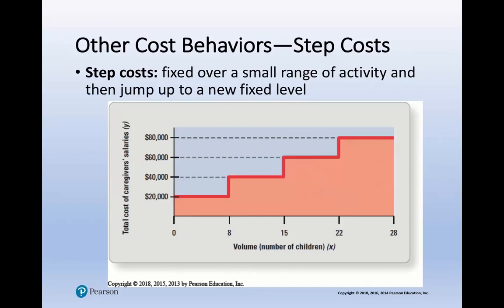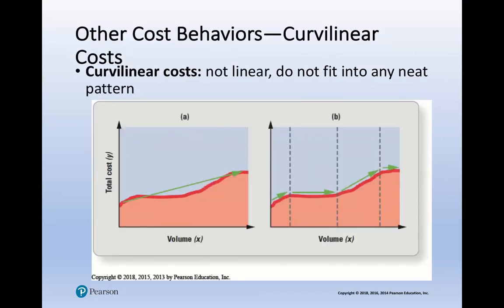Is it worth our time? Is it worth our effort? Yes or no, and we make our business decisions. But if we don't understand that going from a 14th to a 15th child, great, it's another $5,000 of revenue, but at the same time, it's an additional $20,000 of expense, that might change our decision and change the structure of how we run our business.